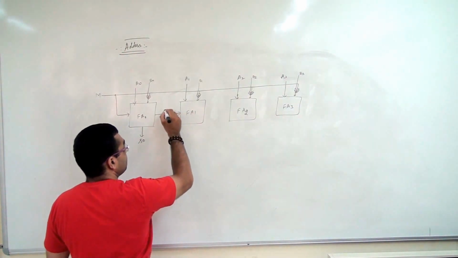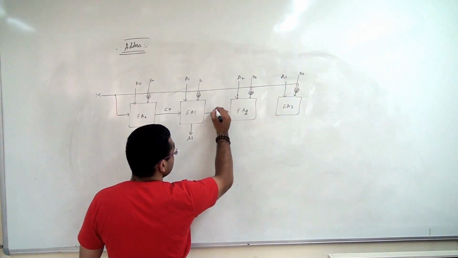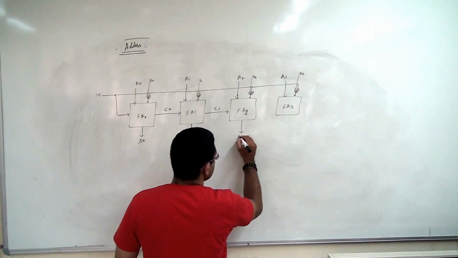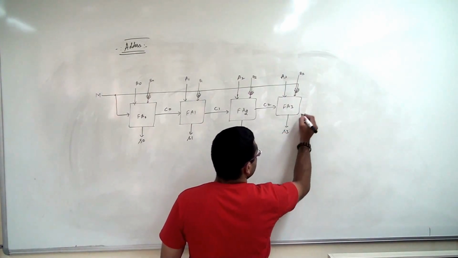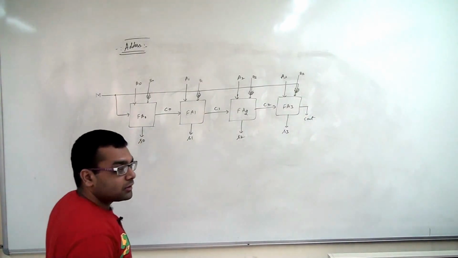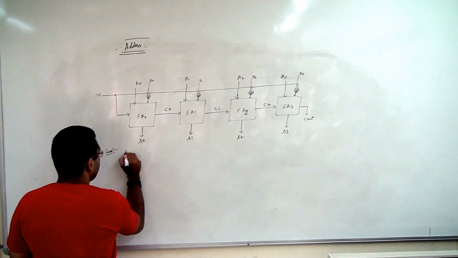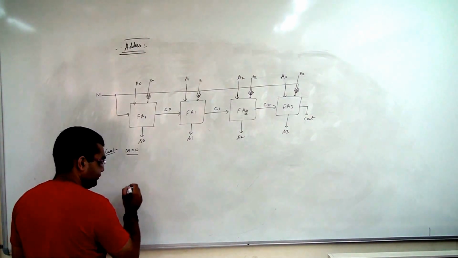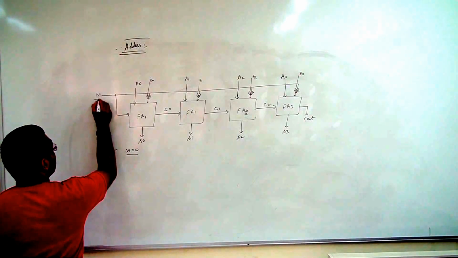So whatever the carry that proceeds to the next stage, this is S1, this is C1, this is S2, this is C2, this is S3, and this is actually C out. Now let us take for example our case number 1 where my M is 0. Alright, M actually stands for my mode control over here.